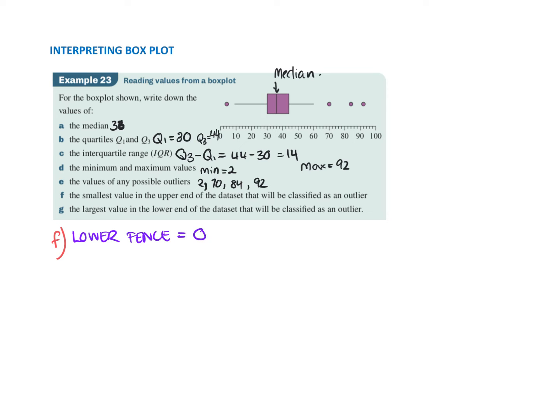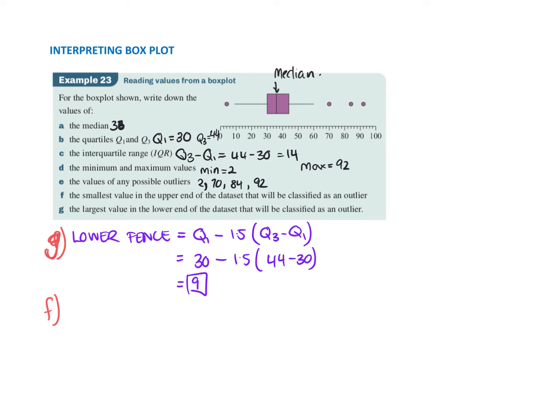The lower fence is Q1 minus 1.5 times the interquartile range, but I'm just doing it with Q3 and Q1. So if we pop in what we said the data was, it was 30 minus 1.5 times 44 minus 30, and then we get an answer of 9. So anything below a 9 will be an outlier. Yeah, sorry. So this is the answer to G, and we'll do F, sorry.